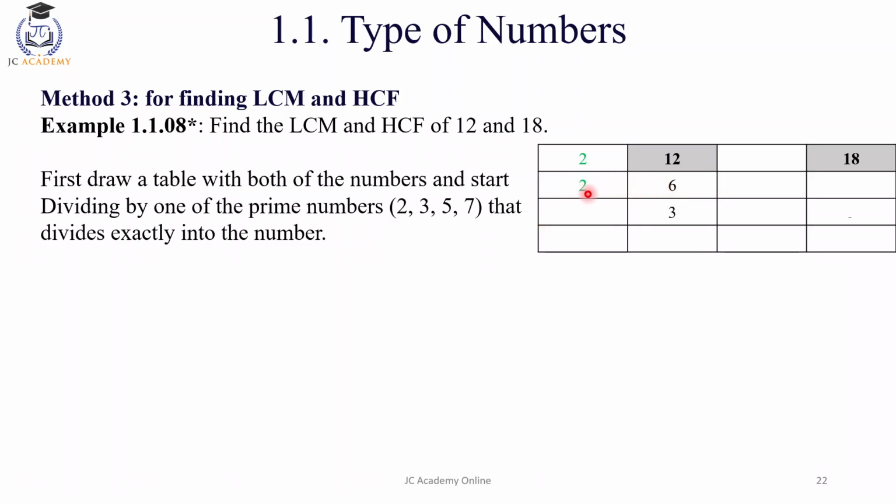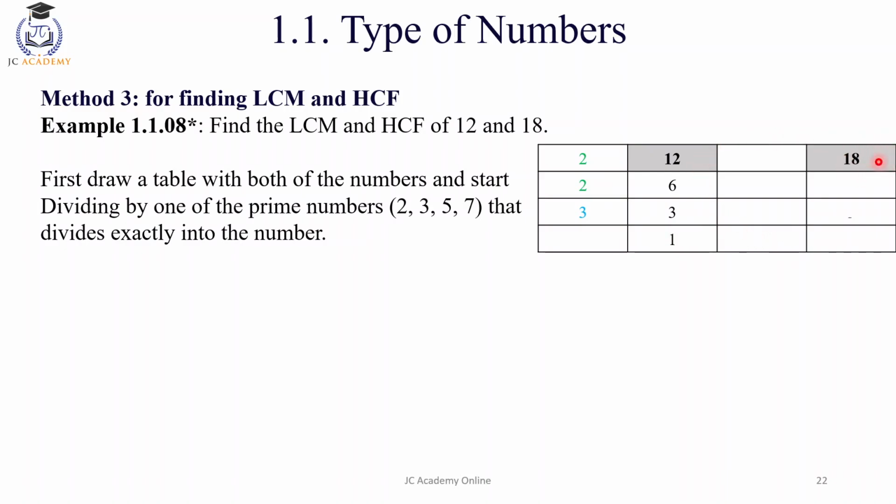So 6 divided by 2 is equal to 3. Now 3 divided by 2 doesn't go in exactly. So we go to the next number, which is 3. So 3 divided by 3 gives the answer 1. Once we get the answer 1, we stop. That means we have our answer.